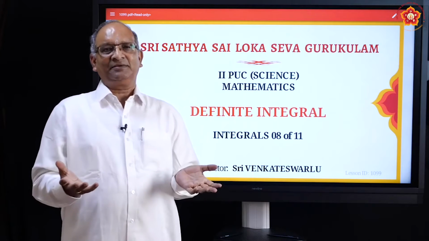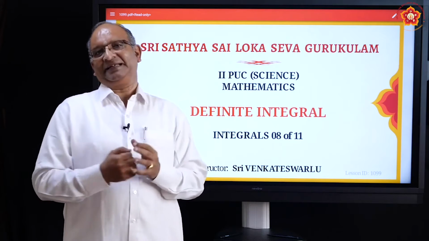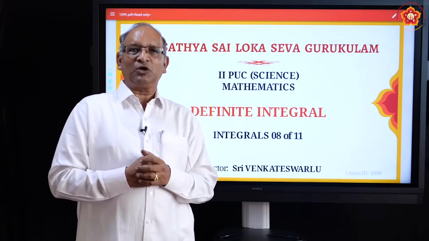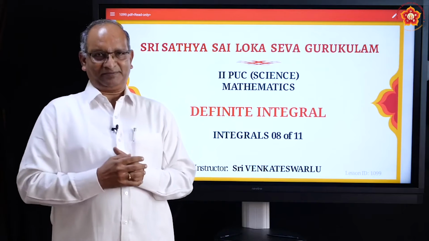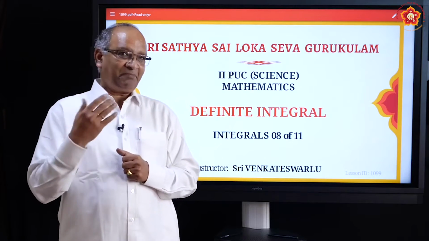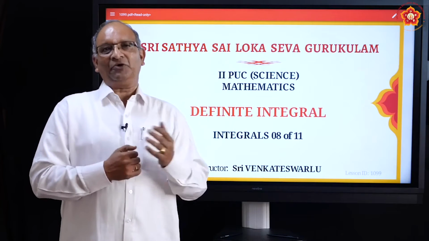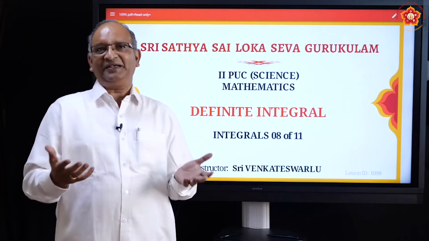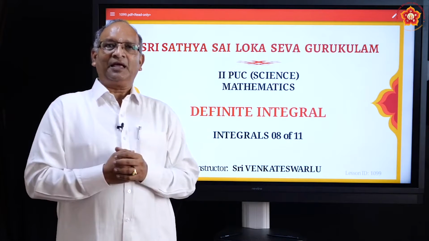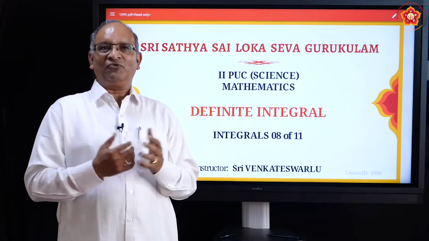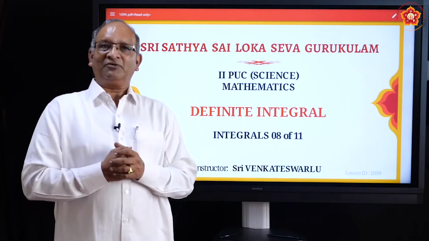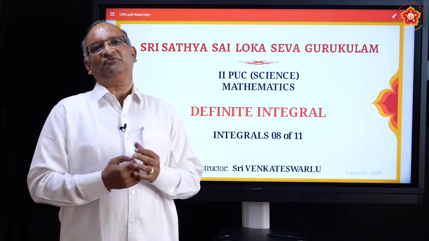As a result, all the rest of the problems in definite integrals we will be solving by the second method. But how has the second method come? By the first method. So today we are going to learn how this definite integral is useful to us for finding out the value of a particular function.